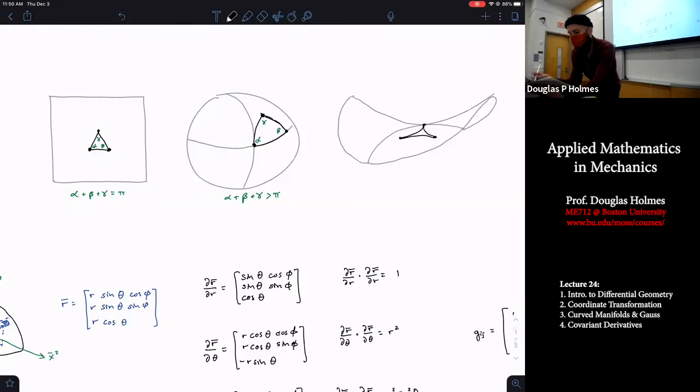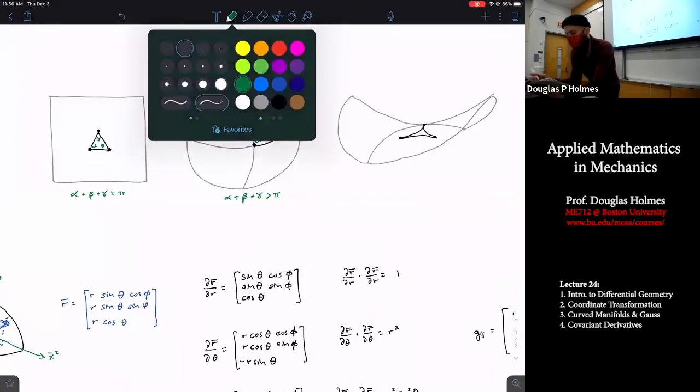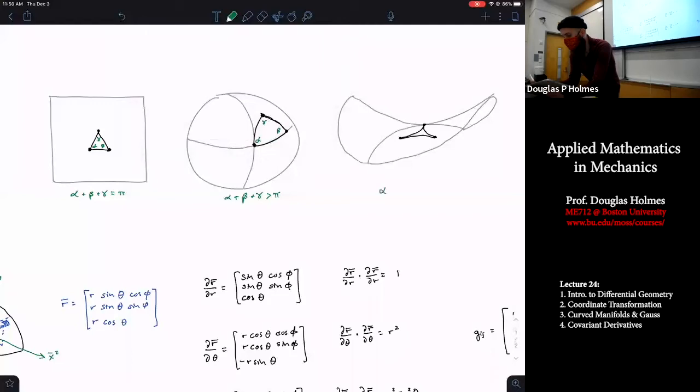And I don't have room to draw my alpha, betas, and gammas, but you can pretend that they're there. And what you would find is if I add up all of the angles, I'll always end up with those angles being less than pi.